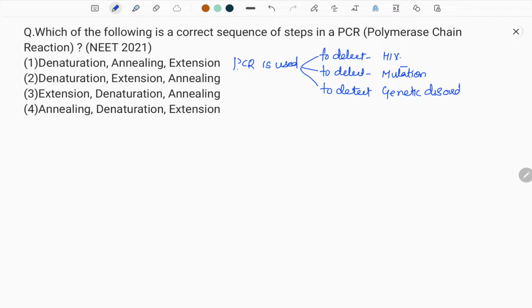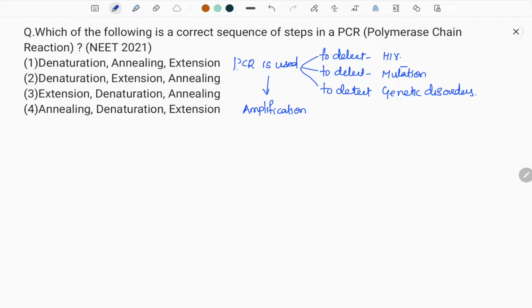Yes. So these three aspects of PCR technique are based on a single phenomenon, that is amplification of DNA. Amplification of DNA means cloning of DNA.